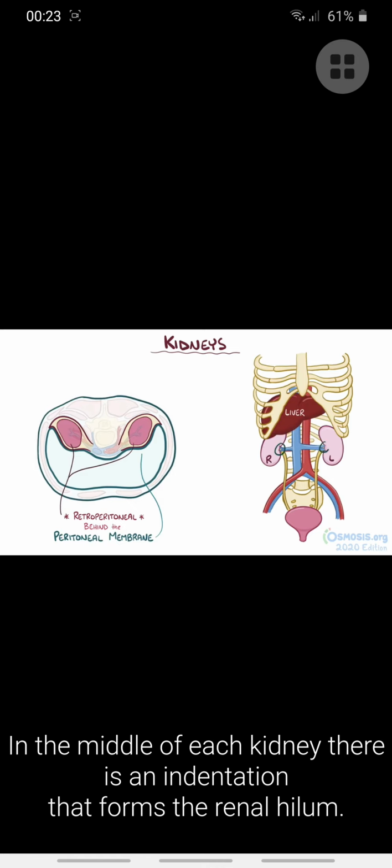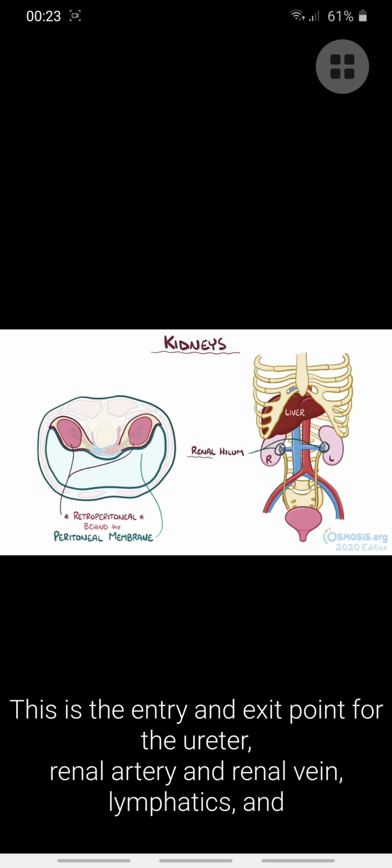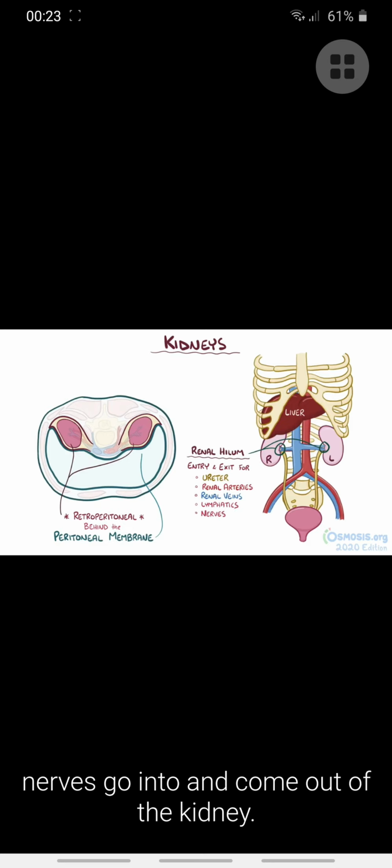In the middle of the kidney, there is an indentation that forms the renal hilum. This is the entry and exit point for the ureter, renal artery and renal vein, lymphatics, and nerves going into and coming out of the kidney.